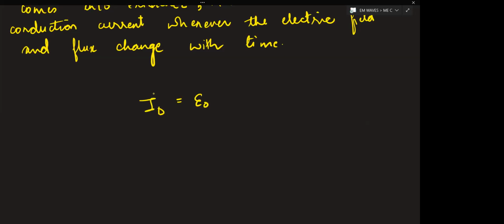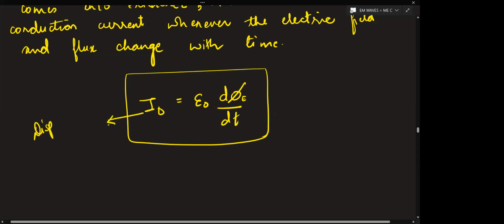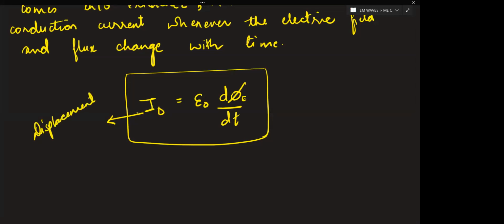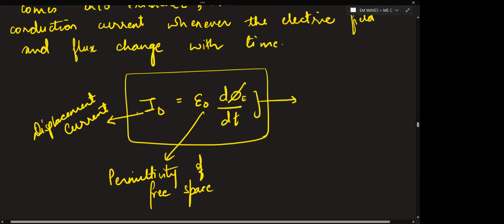Displacement current is epsilon naught times the rate of change of electric flux. This is the formula of displacement current. ID is the displacement current. Epsilon naught is permittivity of free space. And d phi E over dt is the rate of change of electric flux.